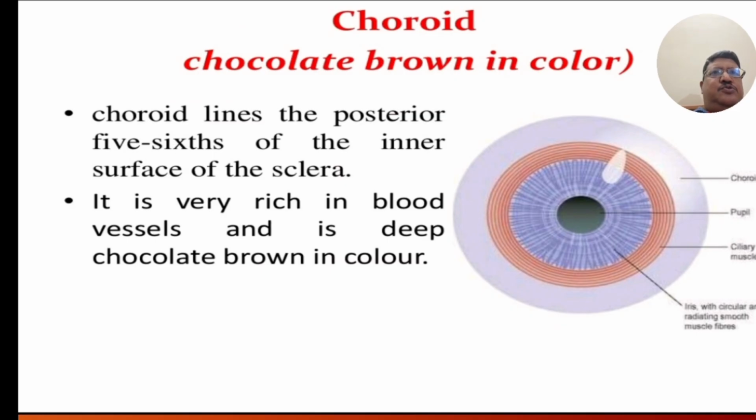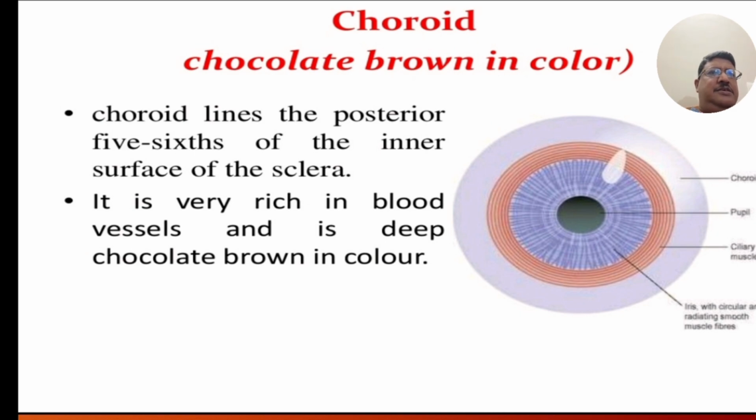Choroid. The choroid is chocolate brown in color. It lines the posterior 5/6 of the inner surface of the sclera. It is very rich in blood vessels and is deep chocolate brown in color.